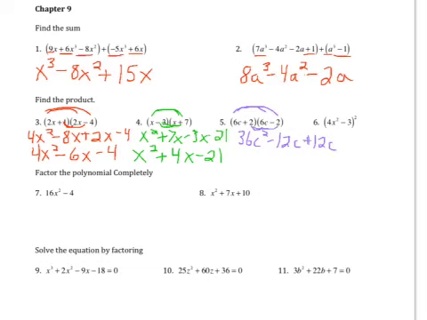And 2 times negative 2 is minus 4. So we see that we have a negative 12c and a positive 12c, and those are just going to cancel out. So our final answer is 36c squared minus 4.